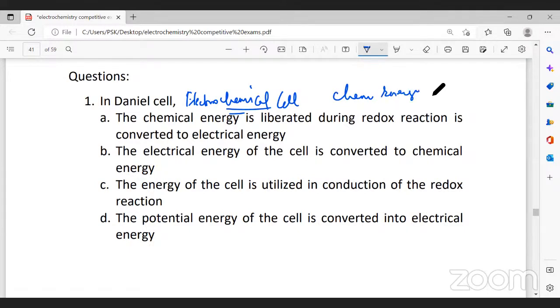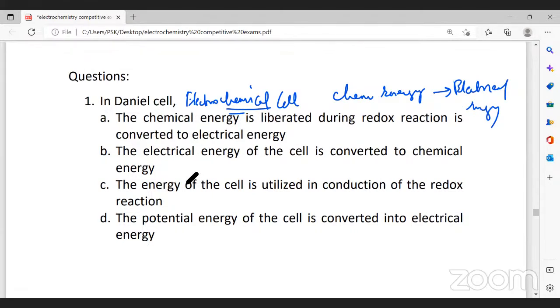So the answer for the first question is option A. The chemical energy liberated during the redox reaction is converted into electrical energy. All right.